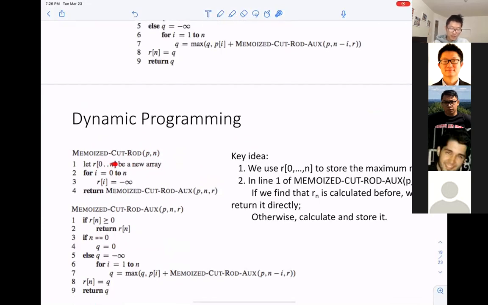First we create a new array R. I think everybody is familiar with R. Basically, Ri stands for the maximum revenue for a route of length i, and initially we assign negative infinity to every space of R. So initially we have R as all negative infinities.